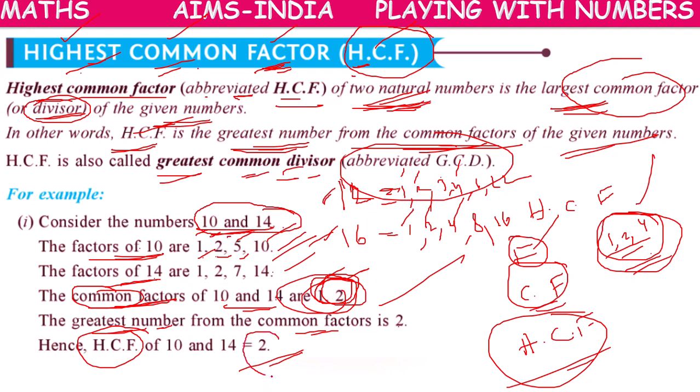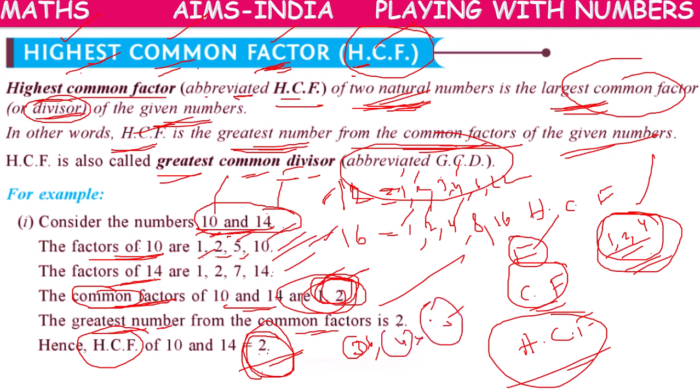It means 2 is the largest divisor which divides both the numbers exactly. After that number, there is no other common number which divides both the numbers, because 10 is divisible by 2, 14 is divisible by 2. Next number 3, both of them not divisible. Next number 4, both not divisible.